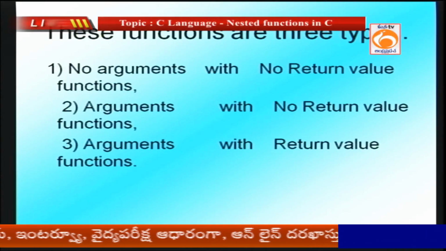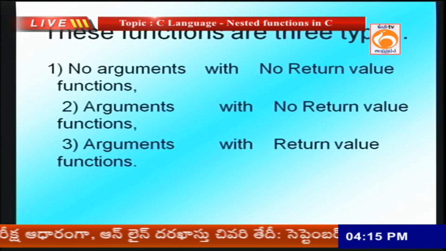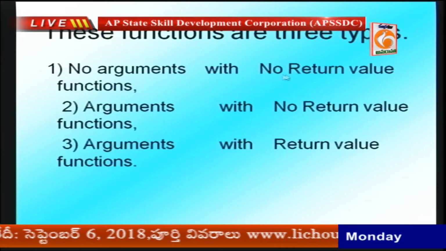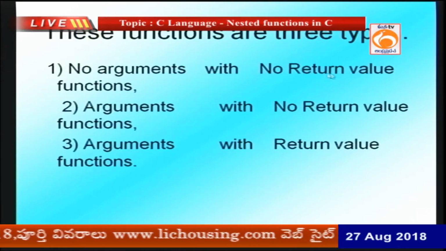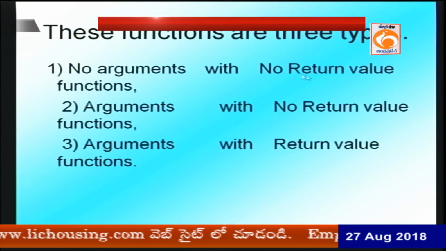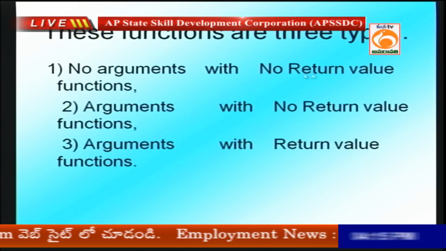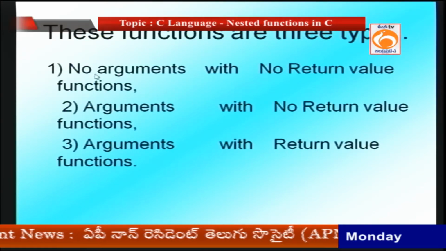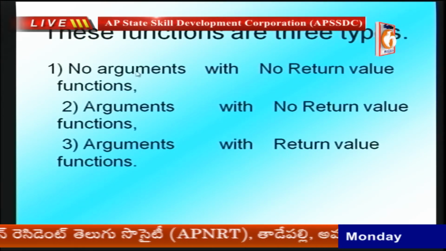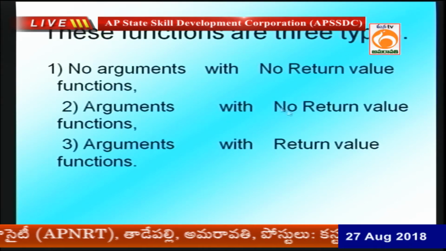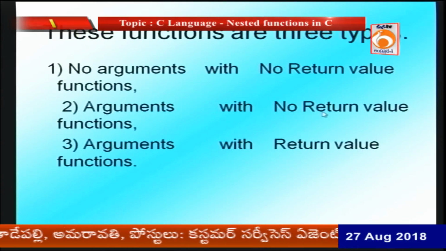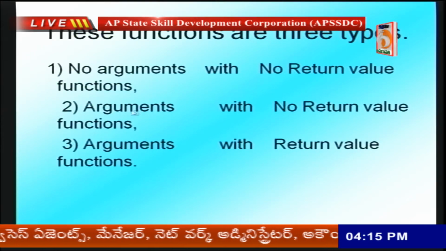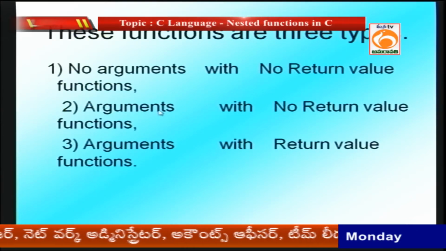What are the types of function categories you have? The first type is no arguments, no return. What is meant by no return? Void functions. No return is called void; it does not return any value. No arguments means you cannot pass any values. In the second category, no return, called void, but with arguments, you can pass the arguments.